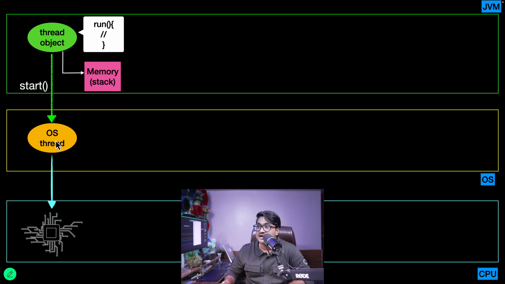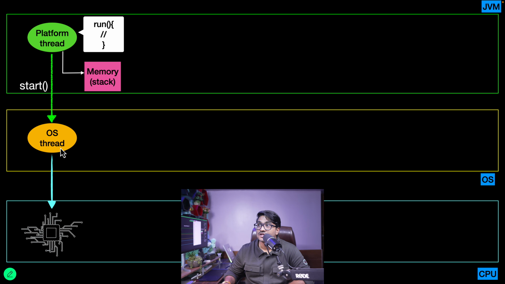Now the operating system takes over this Java thread, schedules it to one of its cores, and then this particular thread object executes. You can treat those normal thread objects as platform threads. If you're using Java 21 or 24, we call those thread objects platform threads. As I have told you, a platform thread has a 1:1 relationship with the OS thread.